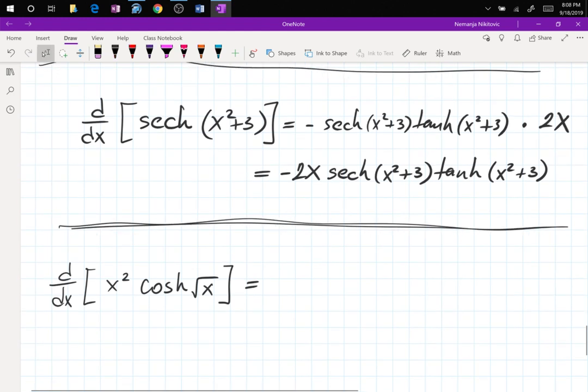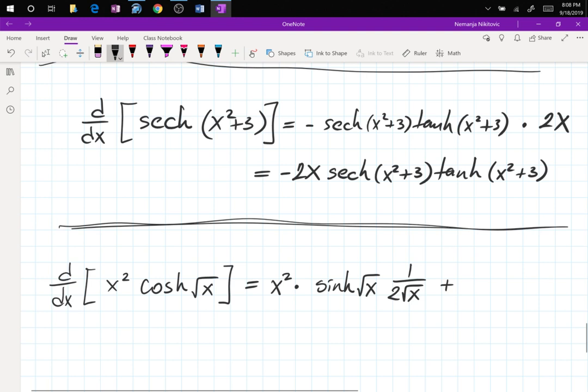So let's go. Copy the first one, which is x squared, times the derivative of the second, which is the derivative of cosine hyperbolic, sine hyperbolic root x, and then you have to take the derivative of the inside as a chain rule, which is 1 over 2 root x. So chain rule gives you that one.